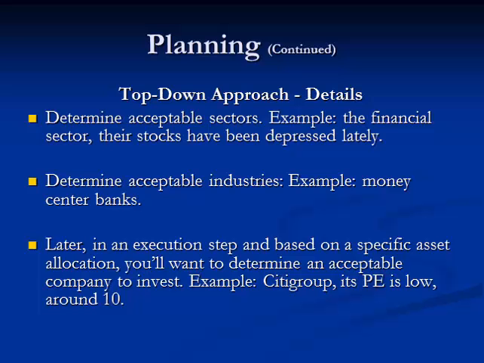And then the last bullet says later, in an execution step and based on a specific asset allocation, you want to determine an acceptable company to invest in. So you could go to Citigroup because I think it has a low PE, around 10, price earnings ratio. You may not know or recall what that represents, but we'll cover that a lot this semester. It's basically a method of valuation.